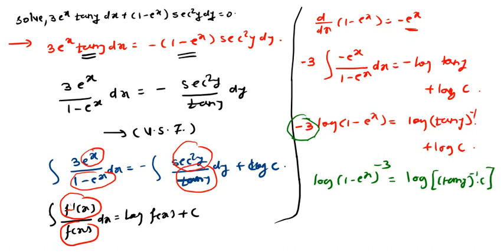Now again this log and this log cancel, so what remains? 1 minus e raised to x to the power minus 3, and this will be tan y to the power minus 1 into c. So finally this will be our answer.